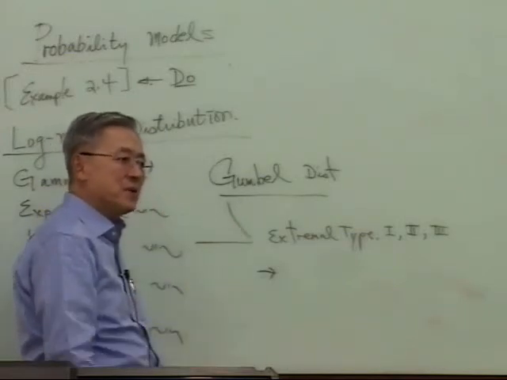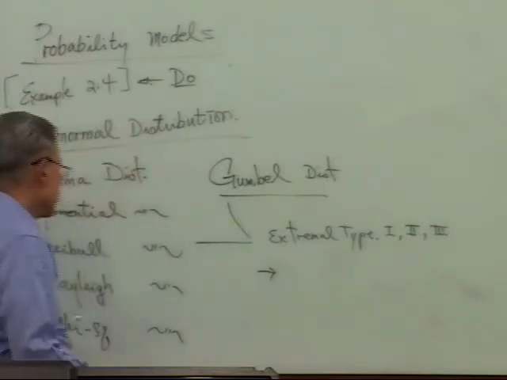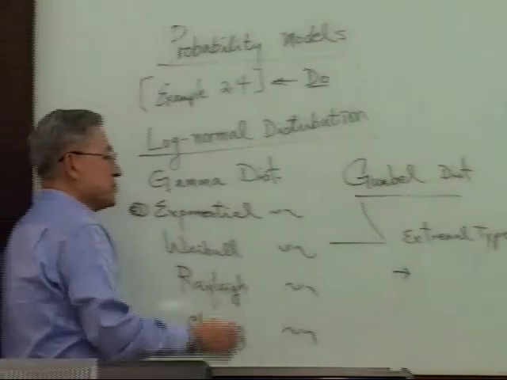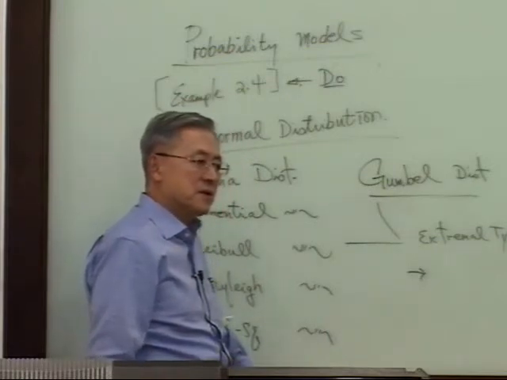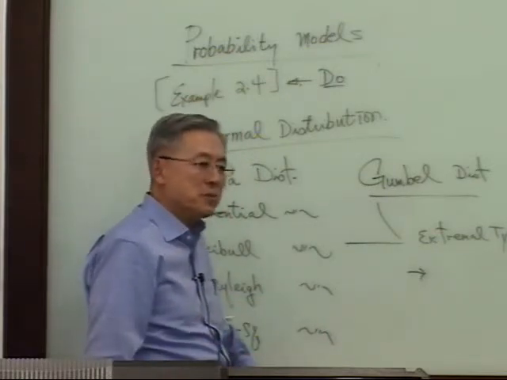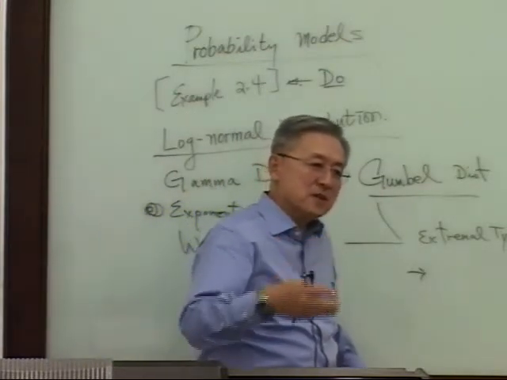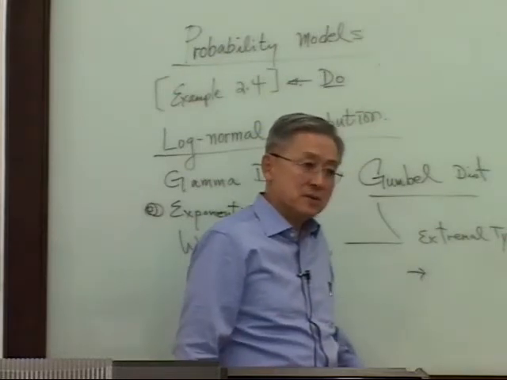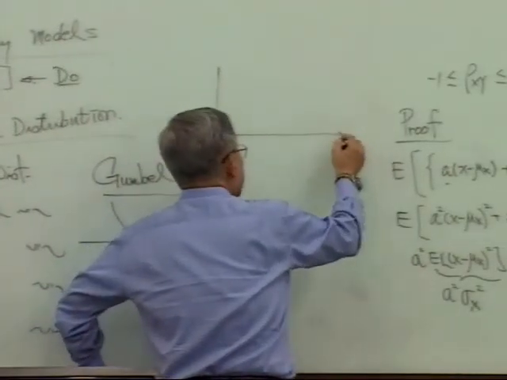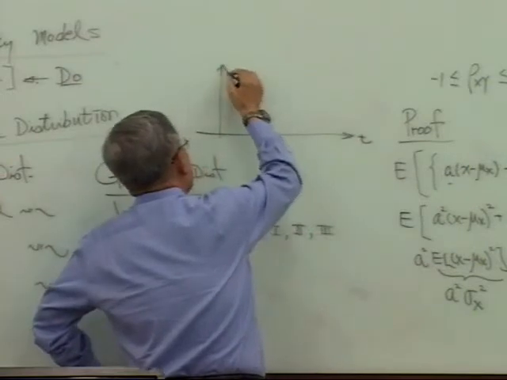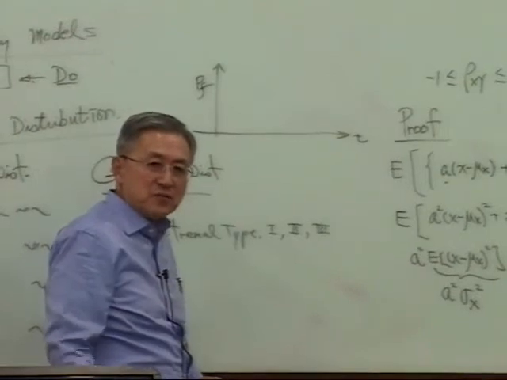For a failure probability model of an electrical system, they use the exponential distribution quite a bit. It depends on the need. For new equipment, it usually fails a lot at the beginning, right? If I draw the time to failure, here is T and the failure rate, or PF. At the beginning it fails a lot.